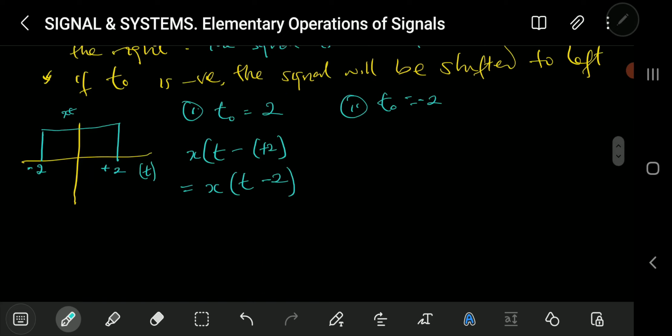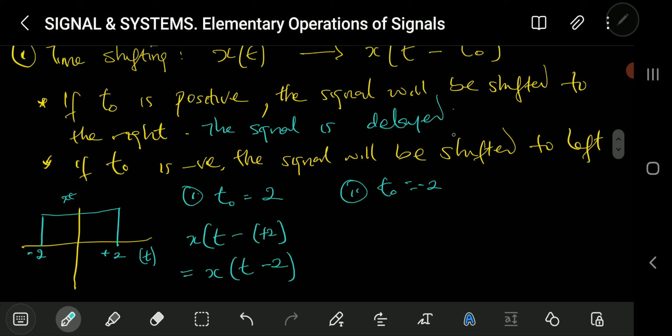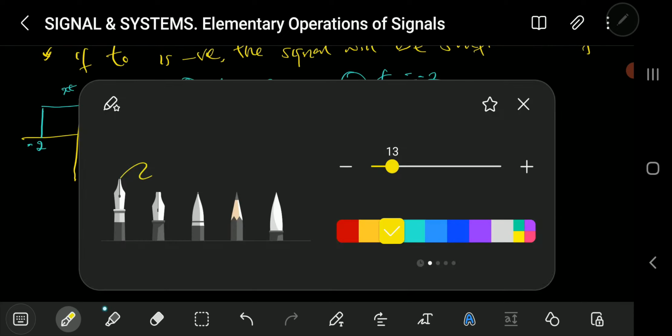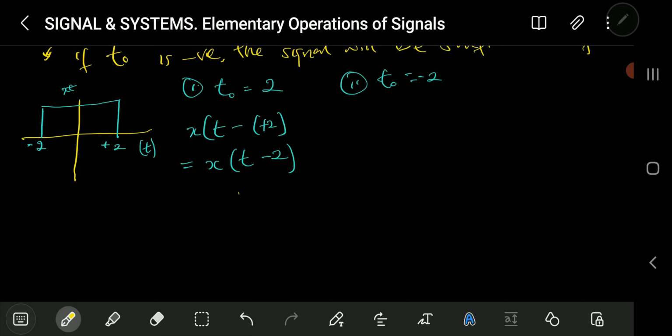Now if you are to redraw the signal, it is shifted to the right by 2, so it's going to start from here, and this will be 4, and this will still remain. What we have here now is a representation of x of t minus 2.